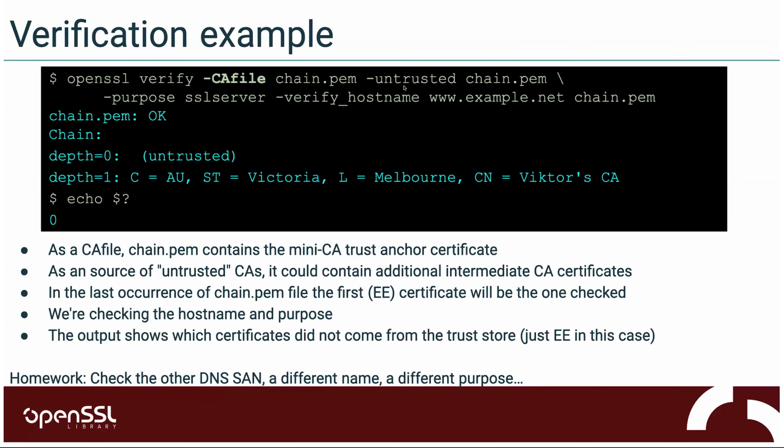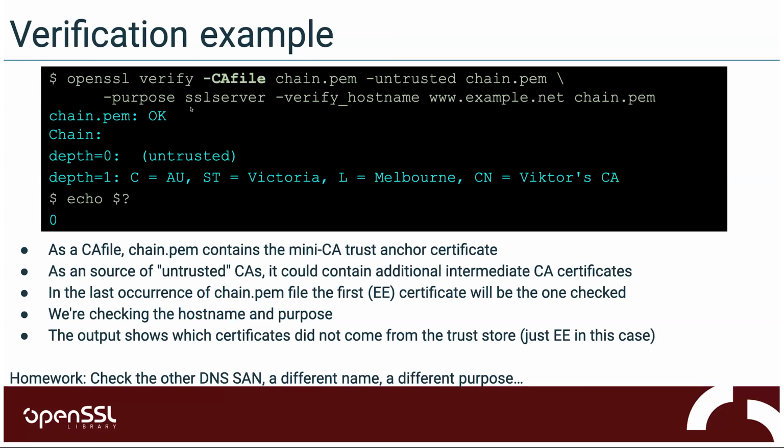We can also specify it again as untrusted. If our chain file was longer, had additional intermediate CAs in it, then those would also be available to use in constructing the chain. We can specify this purpose, SSL server, which then implies that it'll look for an extended key usage of server auth or TLS web server authentication.